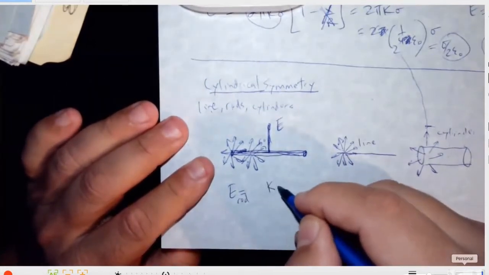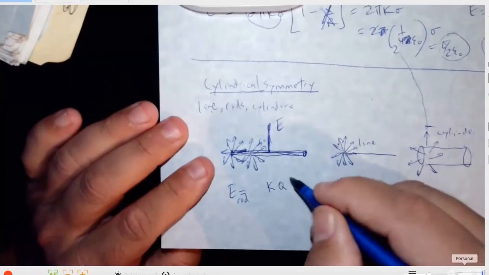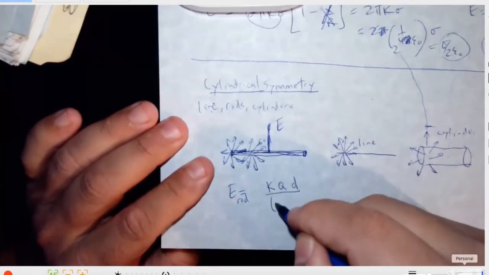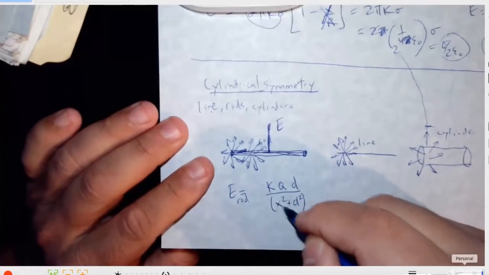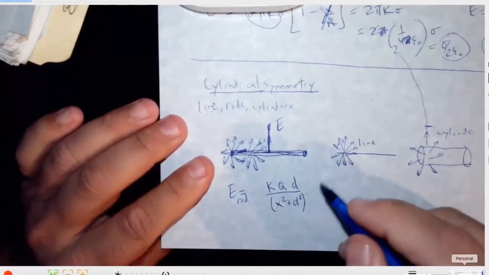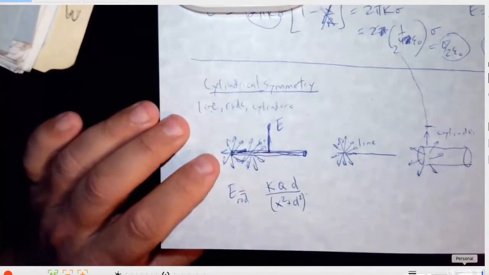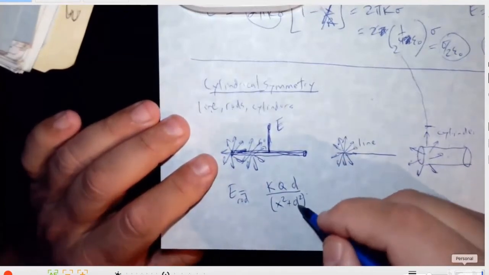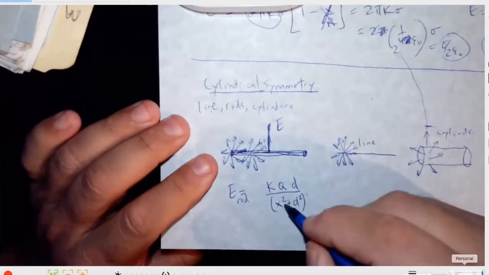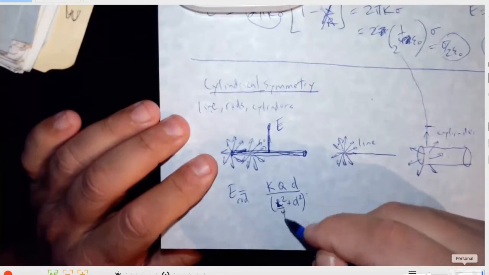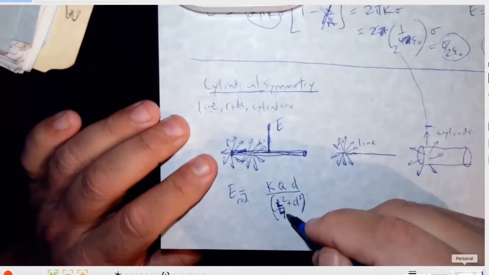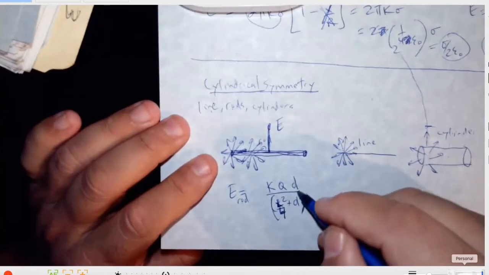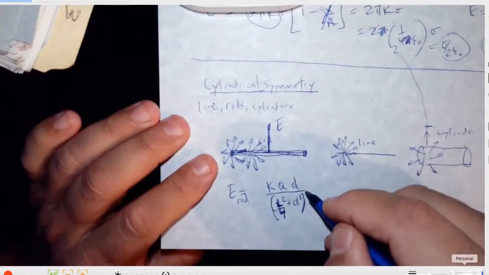Wasn't it something like this? k q d over x squared plus d squared to the, should it be 3/2 or 1/2? Or maybe it was x squared plus L squared over 4 plus d squared, to the 1/2 or 3/2.